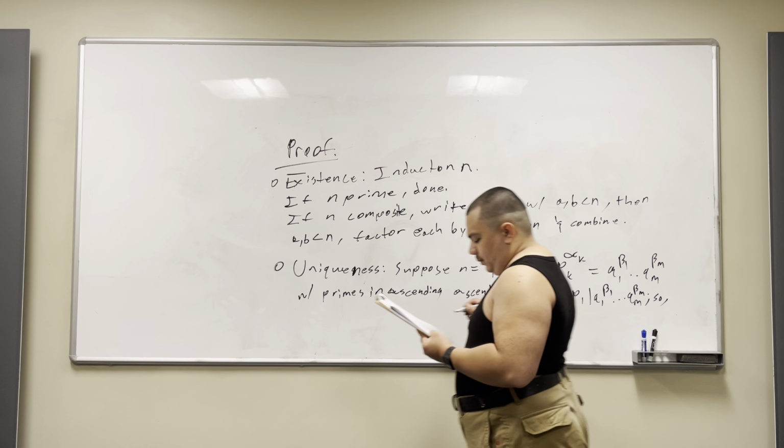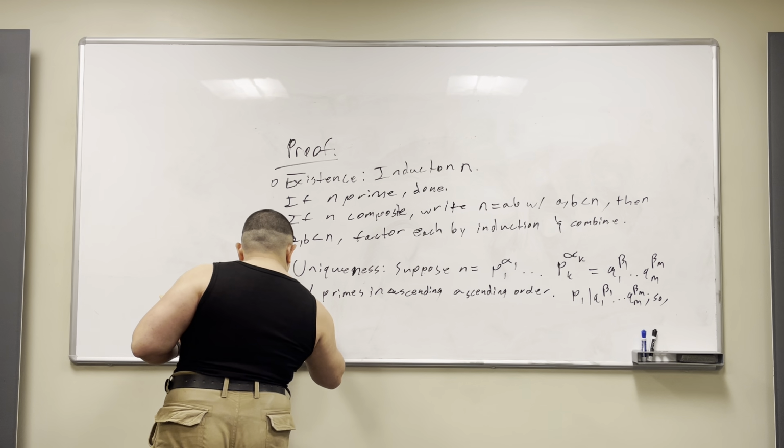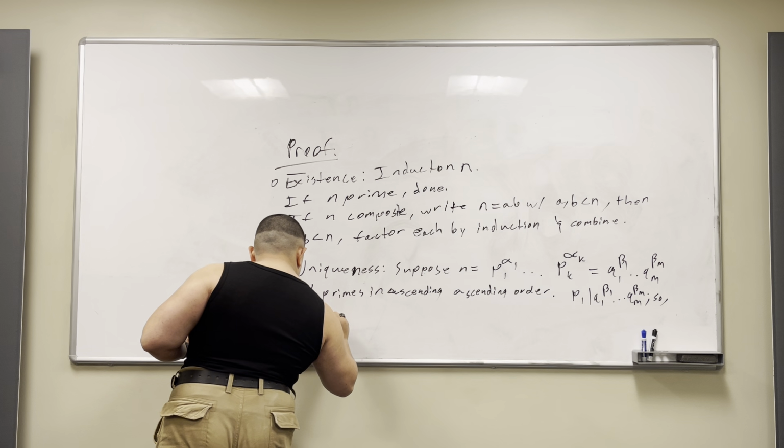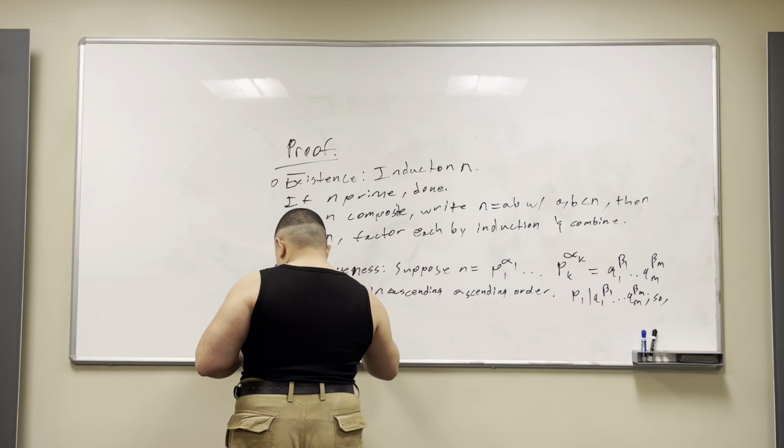And so p sub 1 is equal to q sub j for some j.